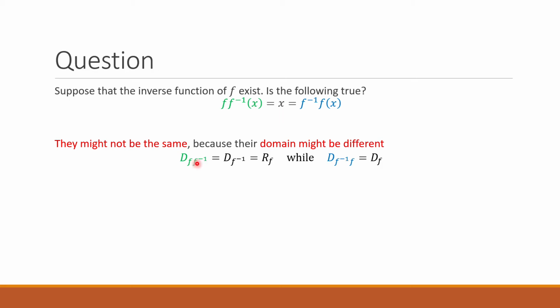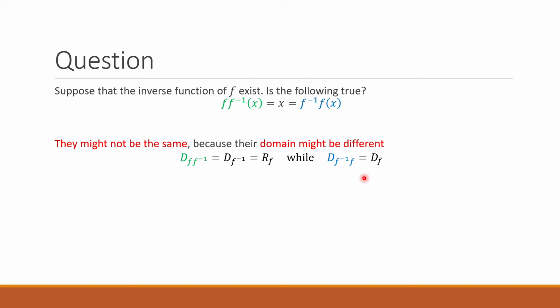So in this case, let's take a look at exactly what the domains of the green and the blue functions are. The domain of the green function, f inverse, we discussed earlier, is just the range of f. And the domain of the blue one, f inverse f, is just the domain of f.